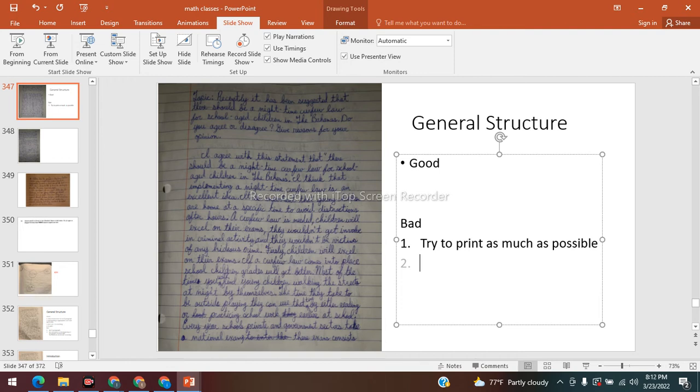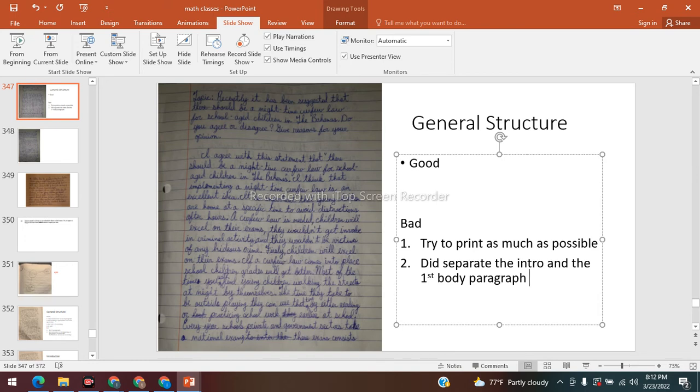What I'll also say is, they didn't separate the introduction and the first body paragraph. Right, so that's a problem.